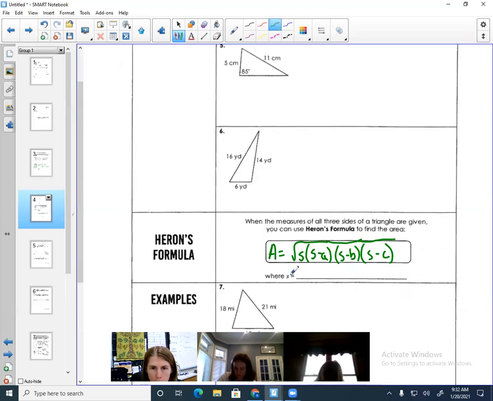And S is 1/2 times (A plus B plus C). This is called the semi-perimeter. Okay, A, B, C, A, B, C. Something just to keep note of if you're trying to work through it fast.